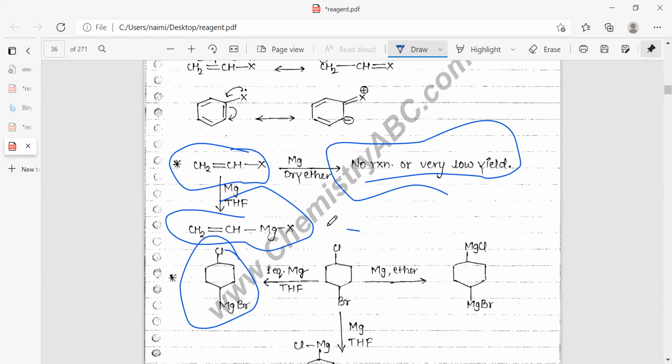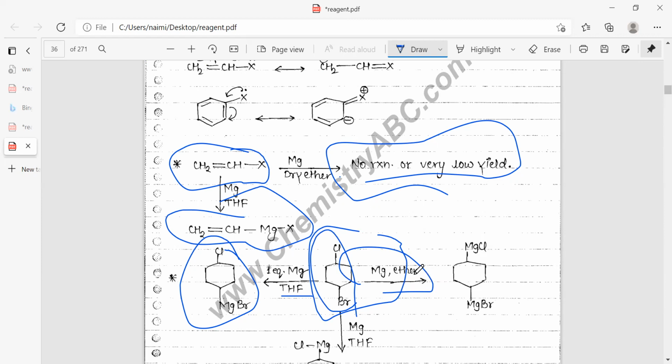bromine will be replaced by Mg. Sorry for that, this is the substrate, and when the reaction is carried out, MgBr will be formed. So it is the Grignard reagent. And when the reaction is carried out with Mg in ether, then both MgCl and MgBr will be formed. So bromine is much more reactive if you use THF, but when you use ether, magnesium addition takes place at both chlorine and bromine.